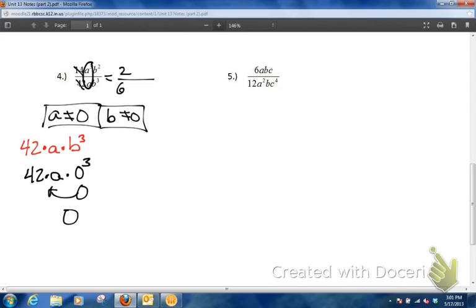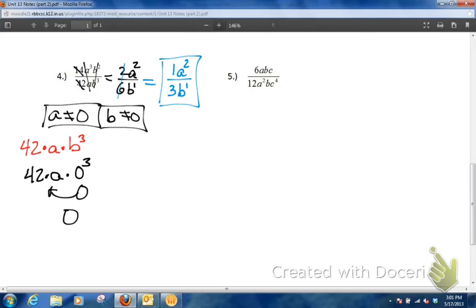A to the third over a to the first means 1a can cancel, leaving me with 2 in the numerator. B to the second and b to the third, 2 can cancel, leaving me 1 in the denominator. And again, since I didn't get my numbers simplified down far enough at the beginning, I'm going to have to simplify 2 and 6, and this is going to be 1 over 3 a squared b to the first.